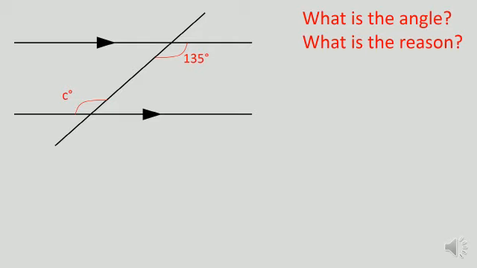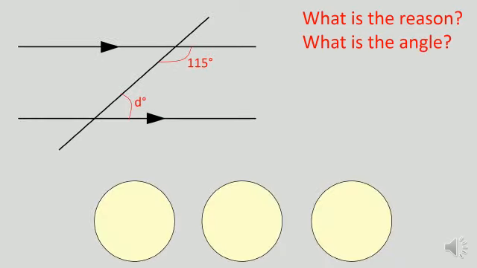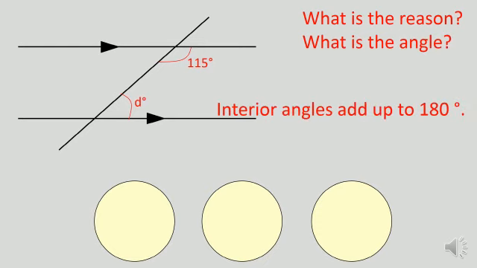The angles here are equal, equal to 135 degrees, because they are alternate interior. And in this case, they add up to 180. It's true because they are same side angles. Okay, they will add up to 180 because it's forming a C shape.